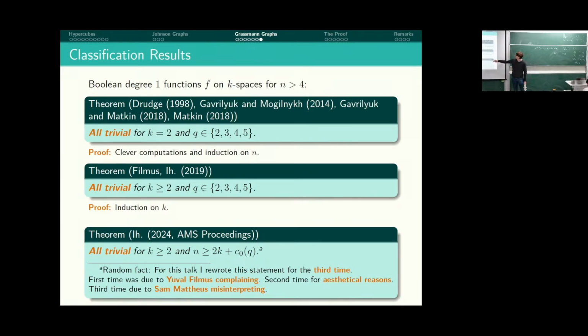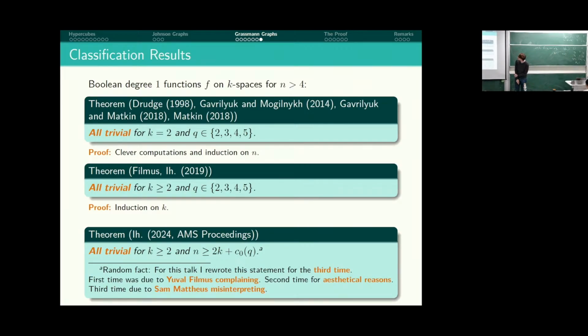My paper is very short, so it does not reflect how much I thought about this. I thought about it for many months. And then I figured out how you can use vector space Ramsey numbers to at least get an asymptotic result, where when n is at least 2k plus some constant which depends on q, then you only have these 8 examples.